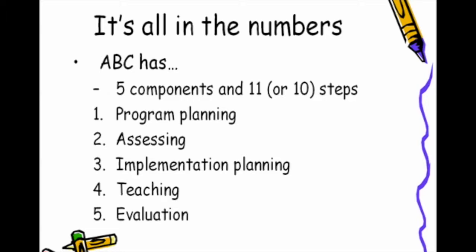And just as a reminder, the ABC model is just a process to use in developing a total educational plan. The program planning component is what we're going to spend the majority of our time in this class discussing, which is curriculum development.